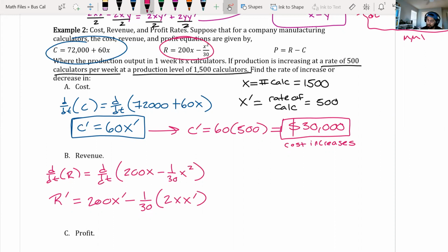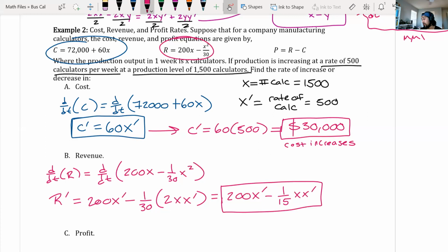Okay, now let's just go ahead and simplify this last term, because we can do 1/30 times 2, which will give me 200x prime minus 1 over 15 x x prime. So that 2 over 30 is 1 over 15. Okay, so there's our derivative of the revenue function.